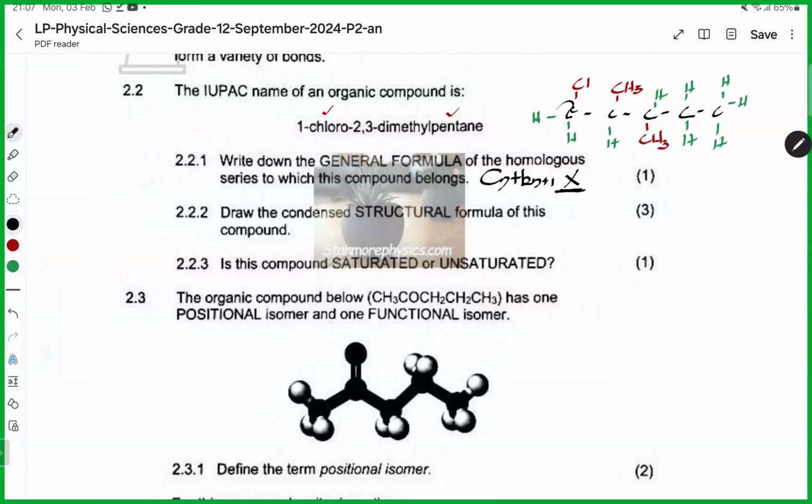So I'm going to start from this side here. The condensed structure would be CH2, the CH2 here, and you got a Cl. Then you got a CH, and you got this methyl side chain, which you can put in brackets, CH3. Then you got another CH. Then you can put the CH3 in brackets again. Then you got a CH2 and a CH3.